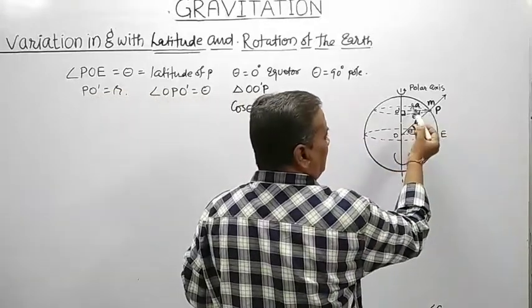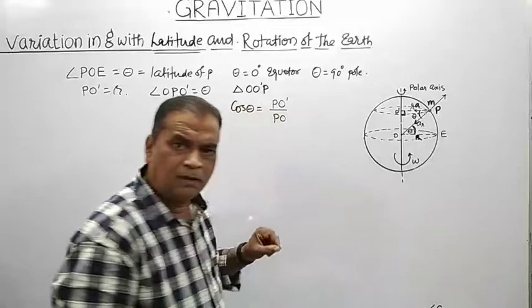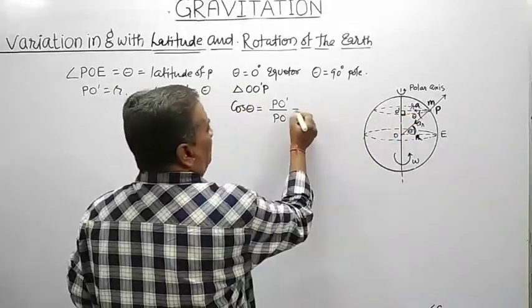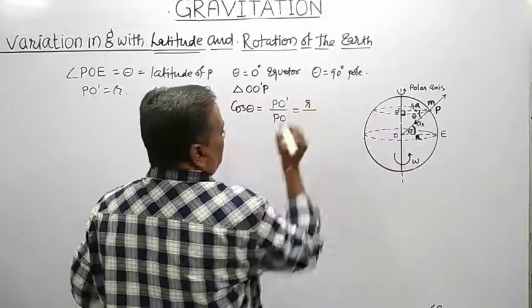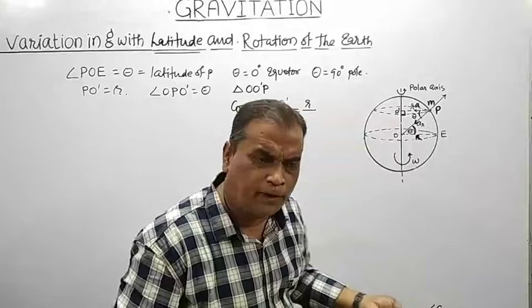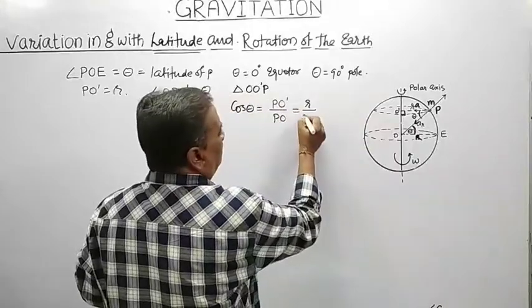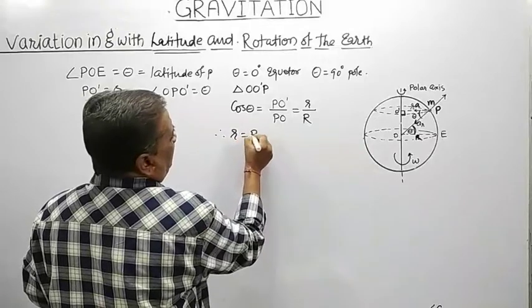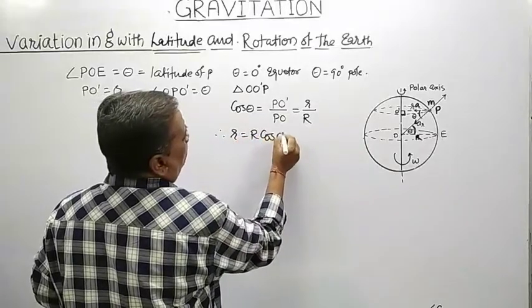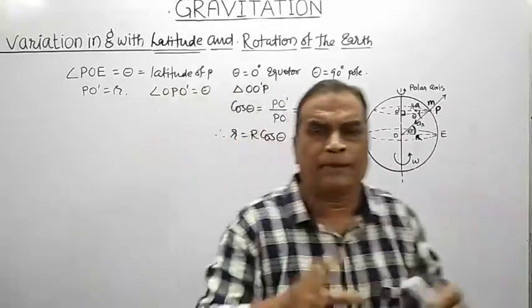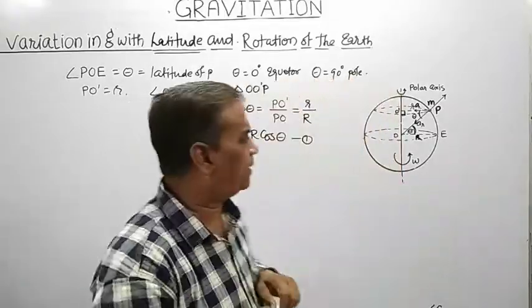PO dash is nothing but the radius of the circle traced by the particle at point P. So this is small r divided by PO. PO represents the radius of Earth, that is capital R. So therefore, small r is equal to capital R into cos of theta.